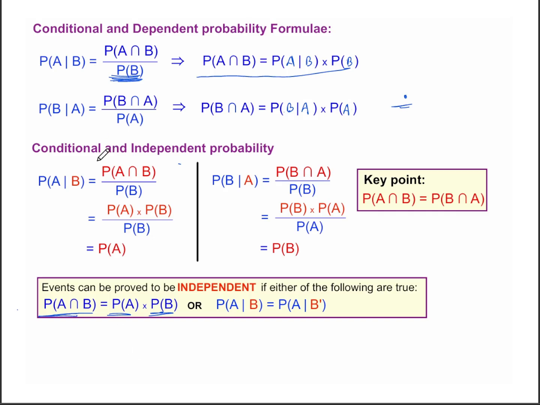And so what you can do is change these things right here, where the probability of A given B will be equal to the probability of A intersection B divided by the probability of B. Then the top here, you can just write it as probability of A times probability of B. And then what happens? You can just cancel these two out. It leaves you with the probability of A. So if A and B are independent, then the probability of A given B is just equal to the probability of A. If the condition is if they're independent.